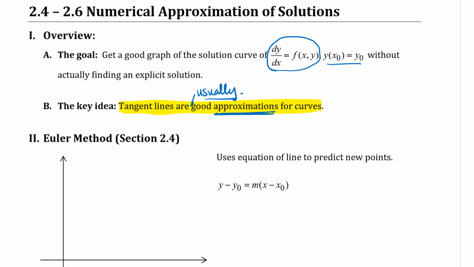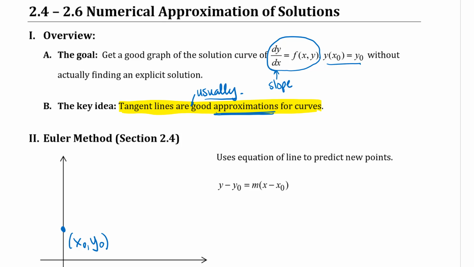Okay, so the basic idea is that we're going to use the equation of a line to predict new points. If we've got an initial condition, y(x0) = y0, that's an initial point. Often that point might be given at x0 = 0, but not always. I'm going to draw my point here with the x0 being 0. But we've got a point, and then we've got a differential equation, dy/dx = f(x, y), and the key is that dy/dx represents a slope.